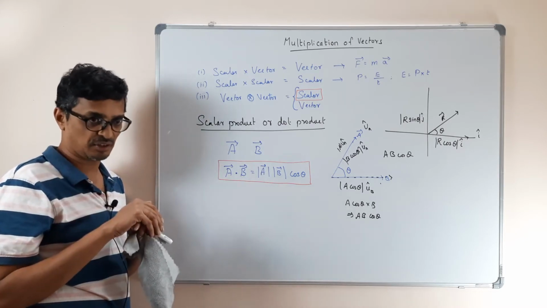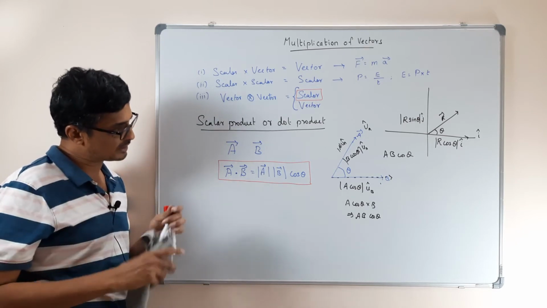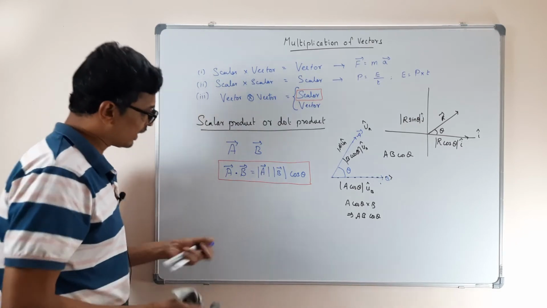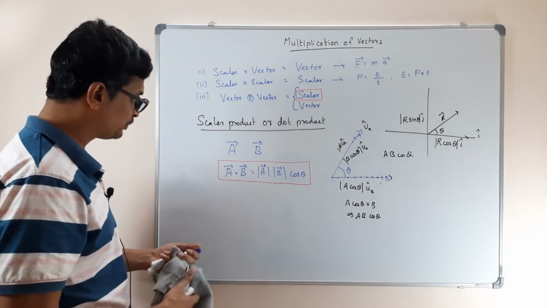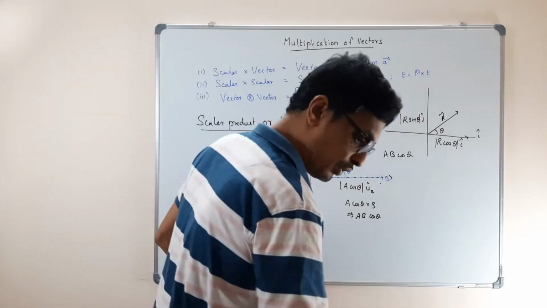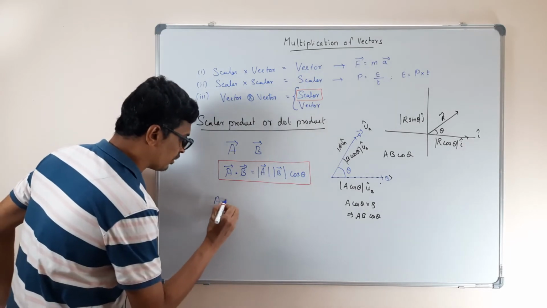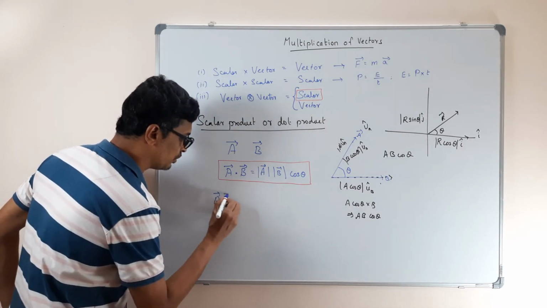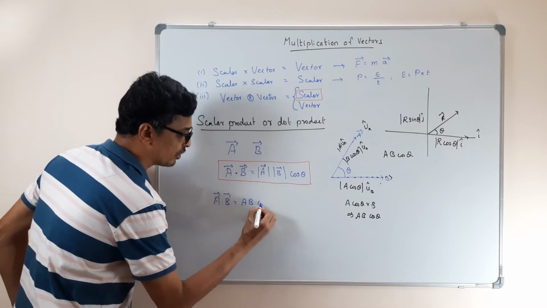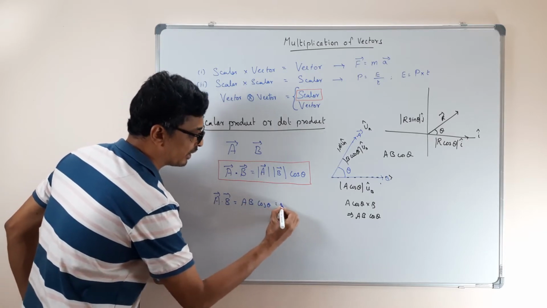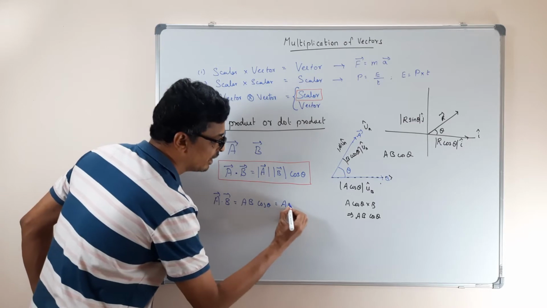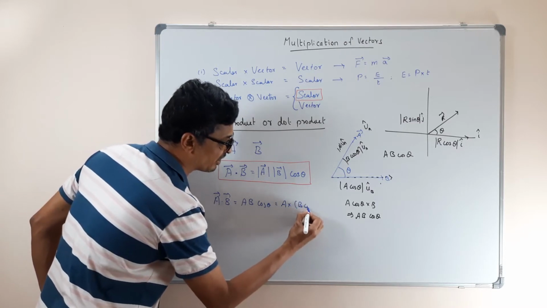Okay. So now, there is an interesting property. A scalar product can be written as A dot B is equal to AB cos theta, or we can write it as A into B cos theta.